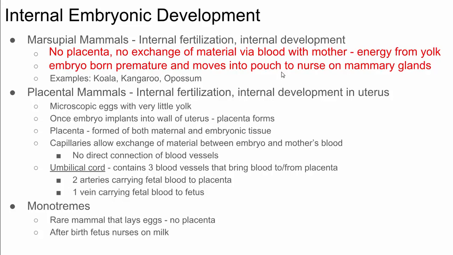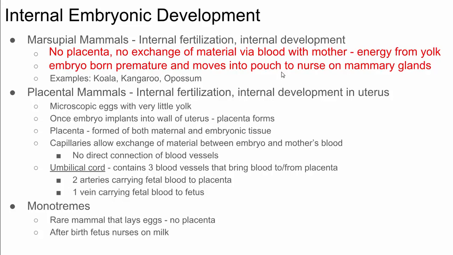The placenta is an organ that's basically filled with blood vessels. It forms from a combination of maternal tissue from the mother and embryonic tissue from the embryo. And in the placenta, capillaries from the mother are right next to capillaries from the embryo.